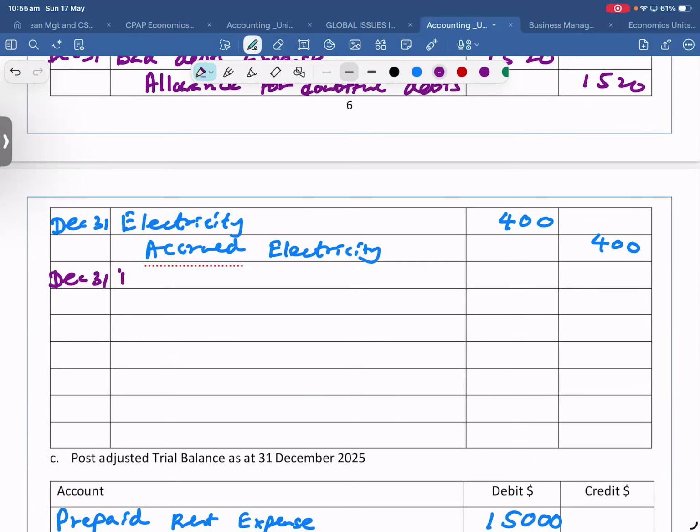What's the double entry, guys? Interest expense debit, 300, accrued interest expense credit, 300.